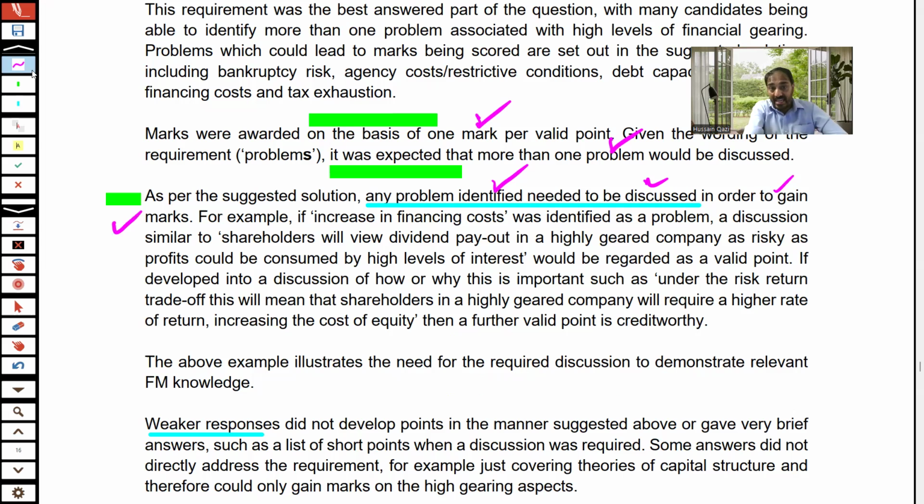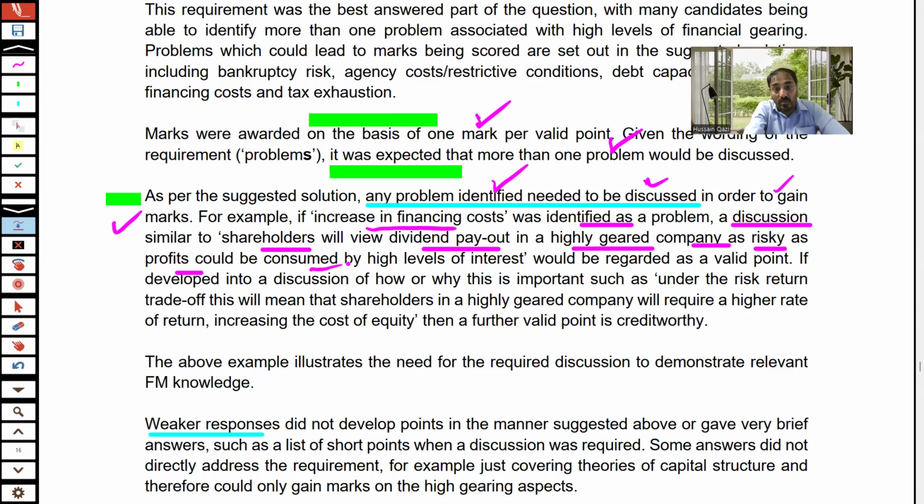For example, if we mention increase in finance cost was identified as a problem, so not just to identify the problem. Here the verb used is discuss. A discussion similar to shareholders will view dividend payout in a highly geared company as risky.